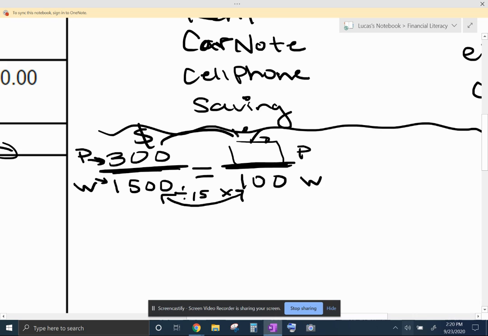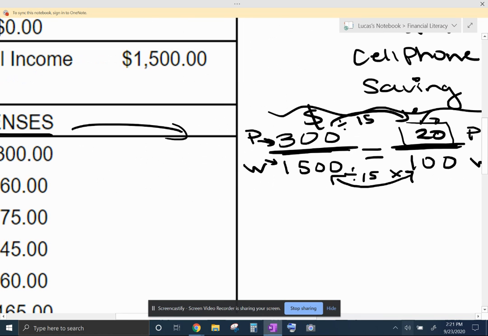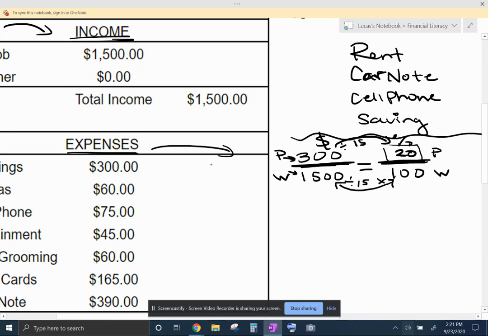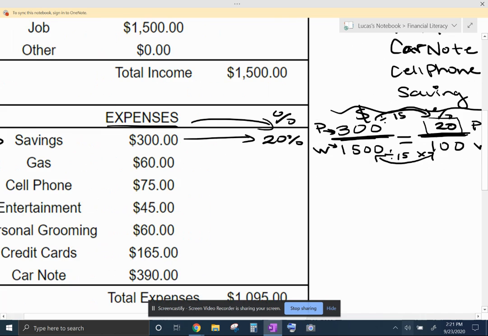So all I would do is take 300 and divide it by 15, which is 20. So this is actually 20%. So over here, these are percentages. So this is 20%. Okay. Savings.